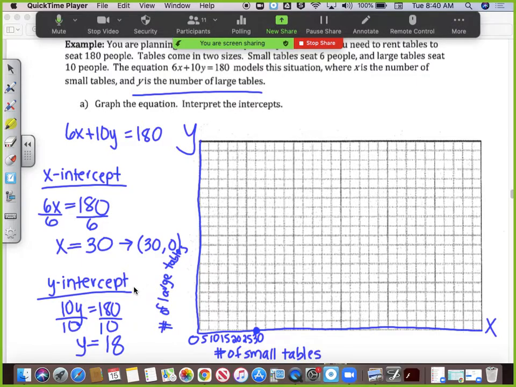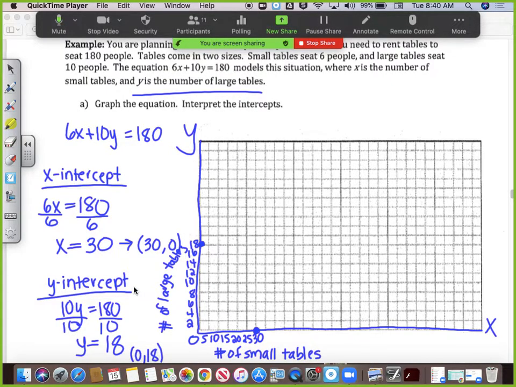Yeah, that'll work. 2s or 3s. And then once I get to 18, I would make my point there at 0, 18. And that's because y-intercepts have 0 in for x. So you plot that point 0, 18.